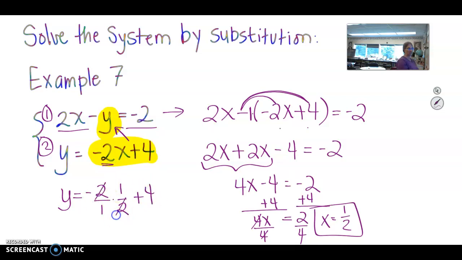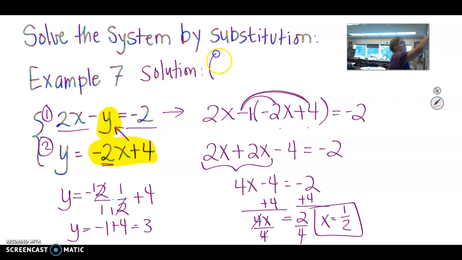These 2's cross out, so y equals, multiplying across, it's -1 over 1, which is -1 plus 4, and that equals 3. So your solution is an ordered pair. Remember, if you were to graph this, you're going to have intersecting lines, and the solution is that one point where they cross, and they cross at (1/2, 3).